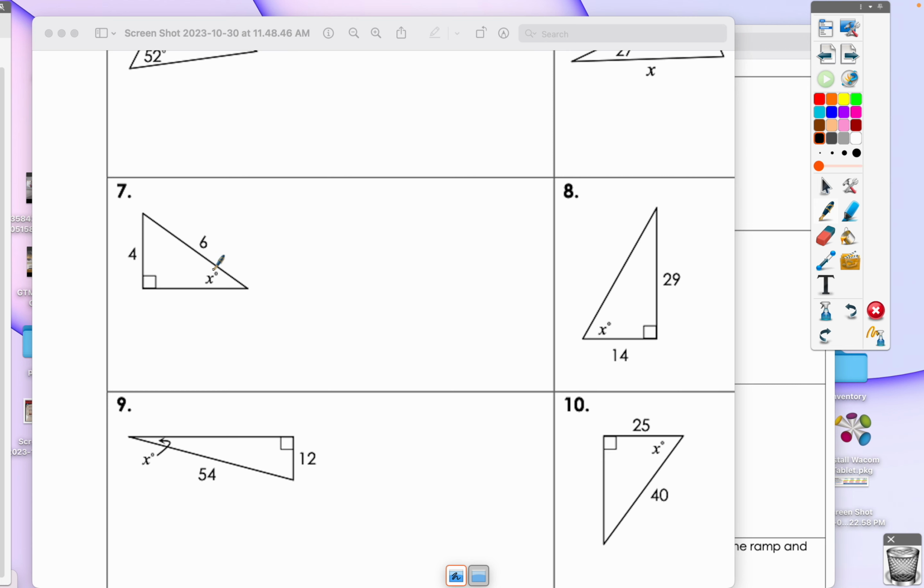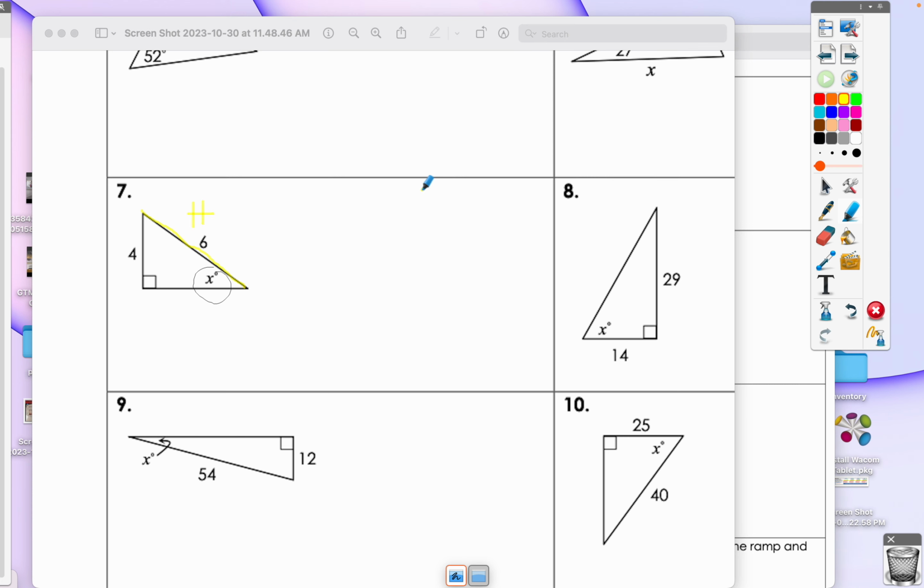All right, step number 1, theta. Boom, there it is. You always circle whatever angle you are looking for or that you have. That's not the 90. All right, step number 2, find the hypotenuse. It's this side across the 90-degree angle, and we have a 6. That's our hypotenuse.